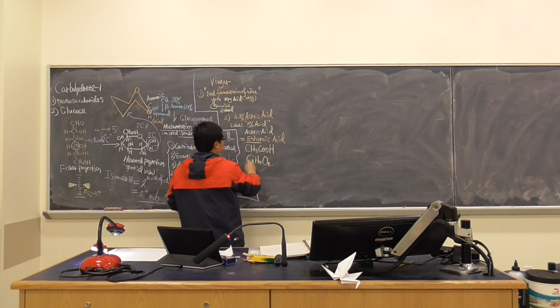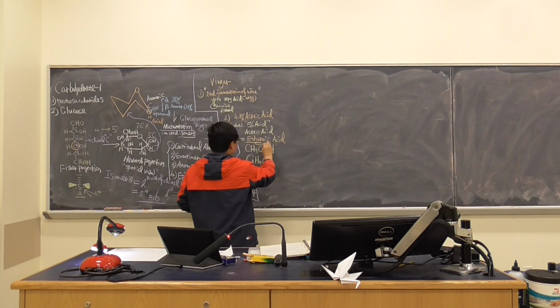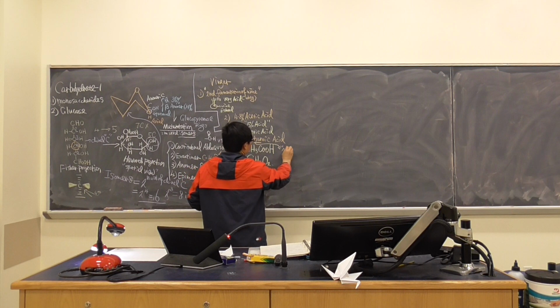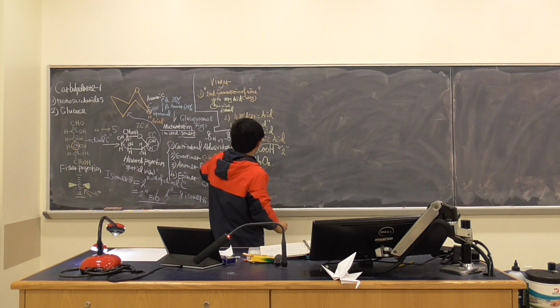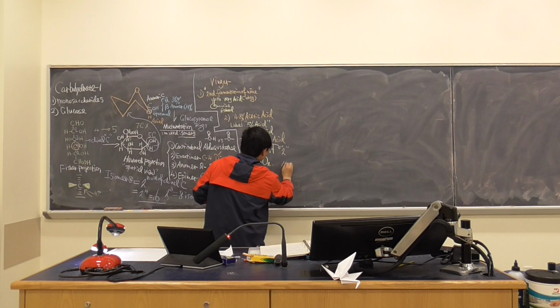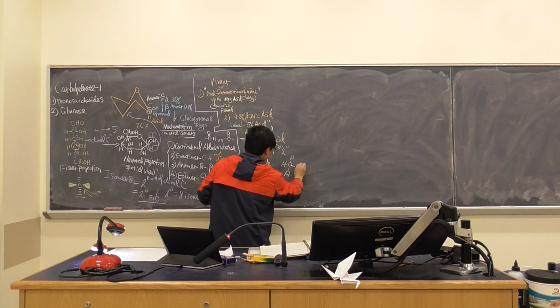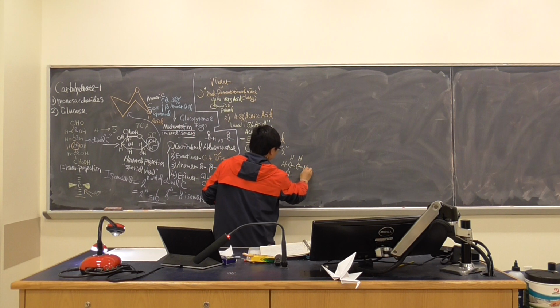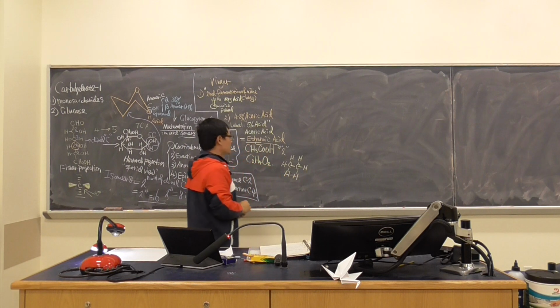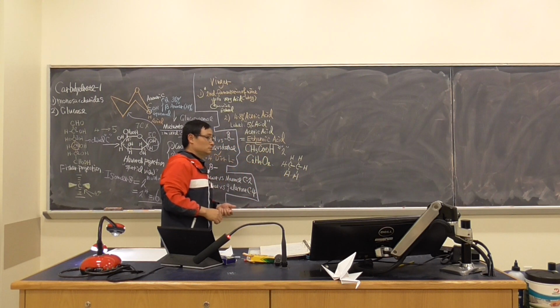So what does "eth" mean? This "eth" means it is two carbons. So what is acetic acid originally from? Originally it should look like this, just the simplest like that. Two carbons.